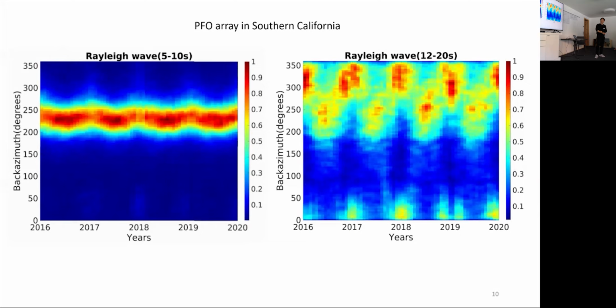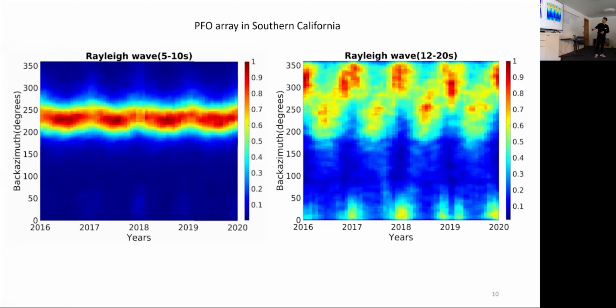This source is because of two small oceans, where waves can generate a strong interaction in this direction and very strong Love waves. The right figure is the longer period Love wave. The longer period mechanism is the direct interaction between ocean waves and the solid earth.